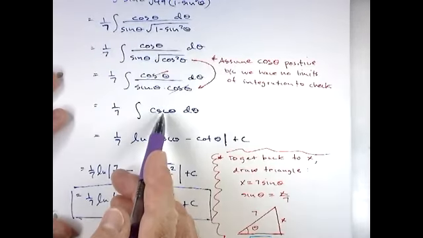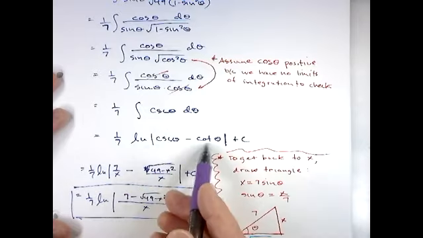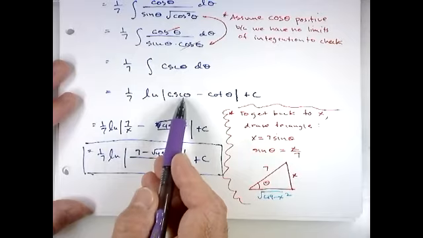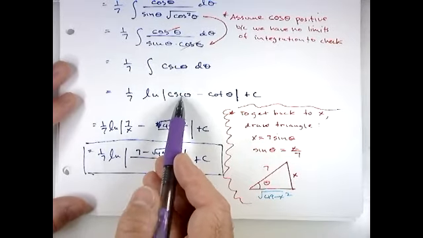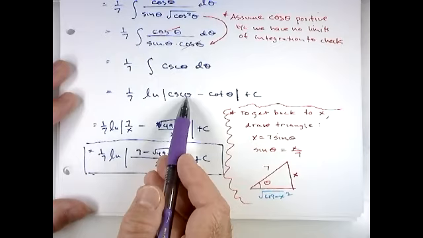And if you recall, the integral of cosecant of theta is natural log of cosecant of theta minus cotangent of theta plus a constant. Now, we started this integral in terms of x, so we should finish it in terms of x. We're not done yet.